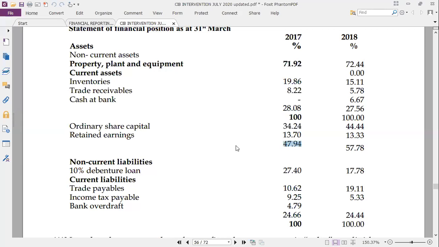Now we've talked about the company. One thing you can also factor in is this. You check the company: if all the non-current assets are made up of PPE, then such a company is a manufacturing company. But in a situation where you have investment among the non-current assets, and the investment is more than the PPE, then that company is not a manufacturing company.